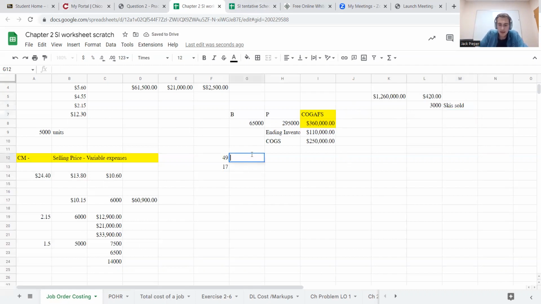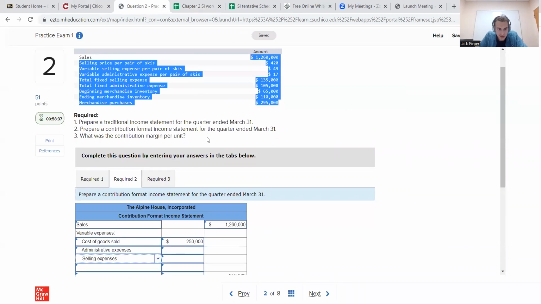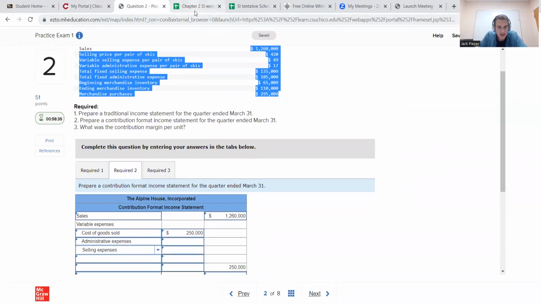So now that we know it's 3,000 skis sold, we can reference this. So 3,000 skis, and autofill is useless. L6. All right. This we're gonna label. I'm just labeling this just so you guys can see it. But this is selling.